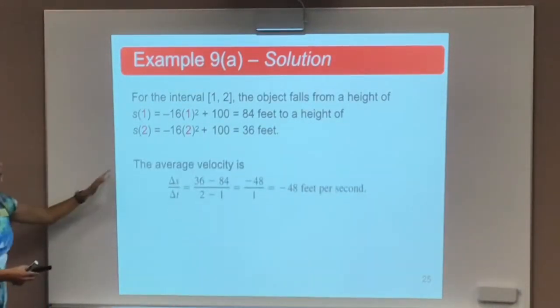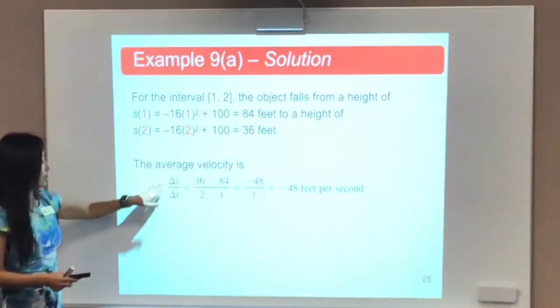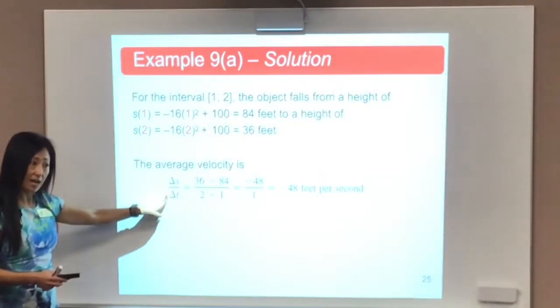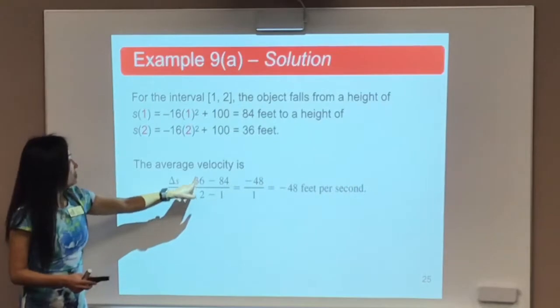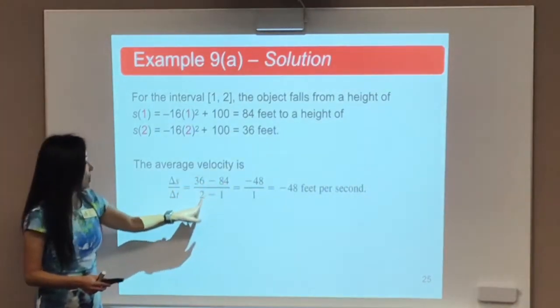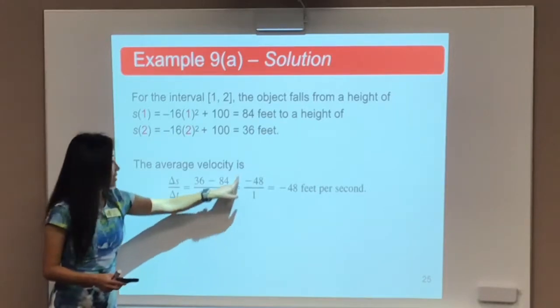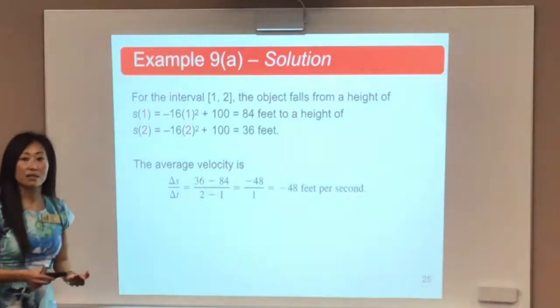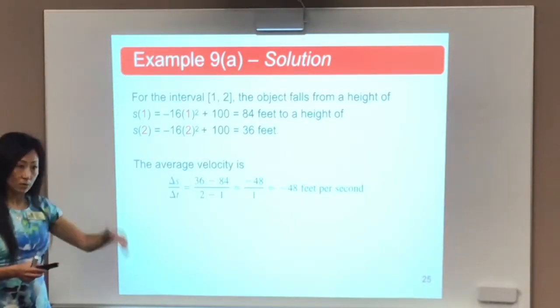That gives you 36. So now average velocity is what then? Change in distance divided by change in time. So I have 36 minus 84 divided by 2 minus 1, so negative 48. So what does that mean then? Which way is it moving? Moving down.